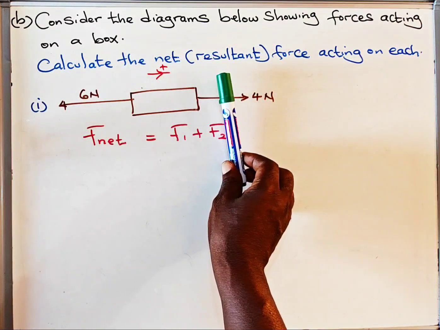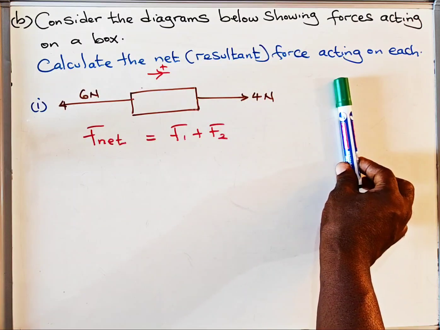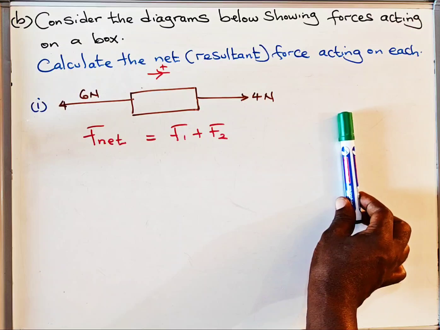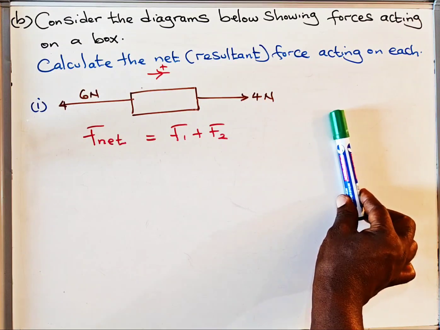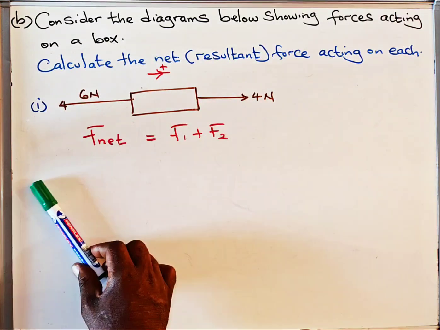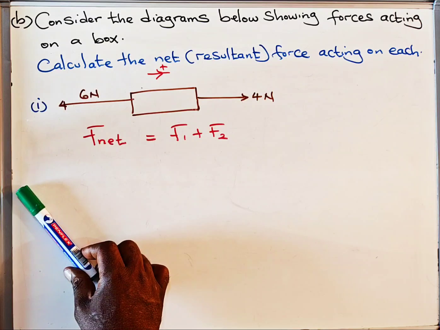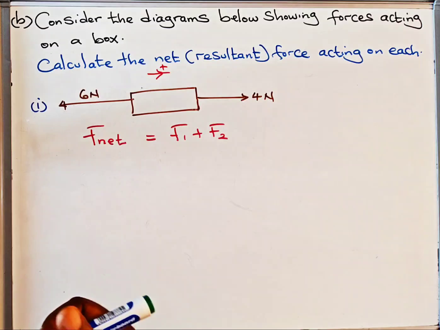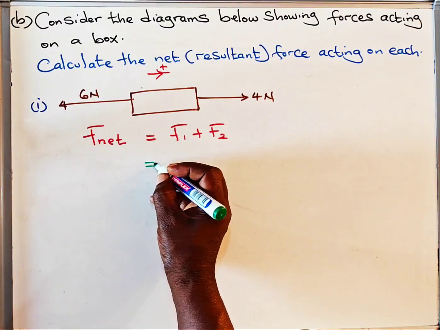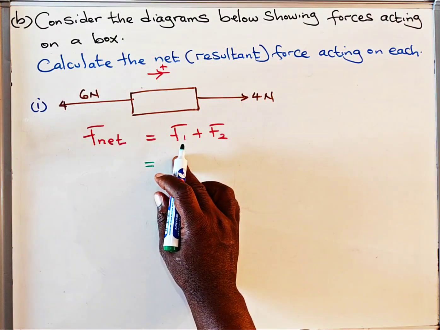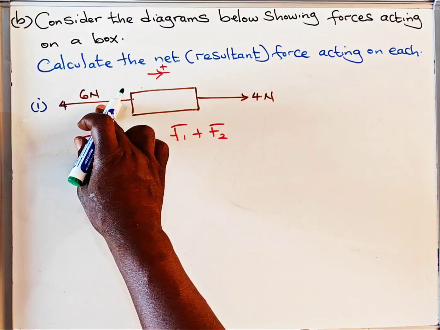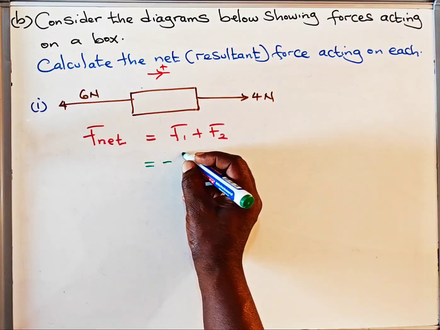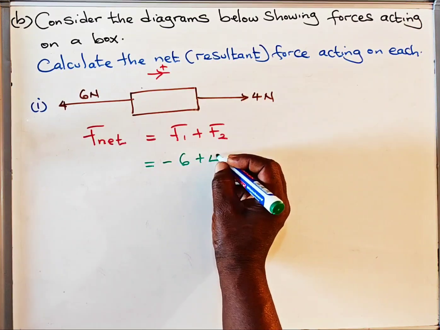If we take to the right positive, it means that those forces which are towards the right-hand direction are positive and those towards the left-hand direction are negative. And that must be substituted here. So net force is equal to F1. If you take this one to be F1 and this towards the left, it's negative 6 plus 4.